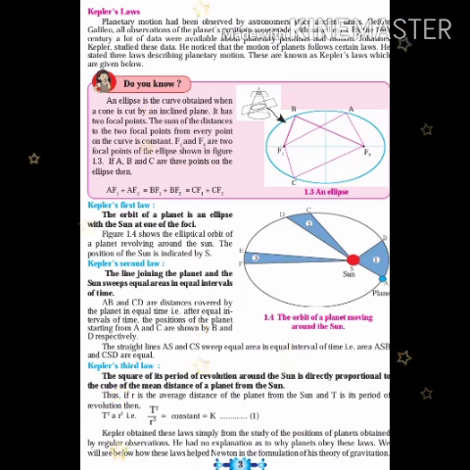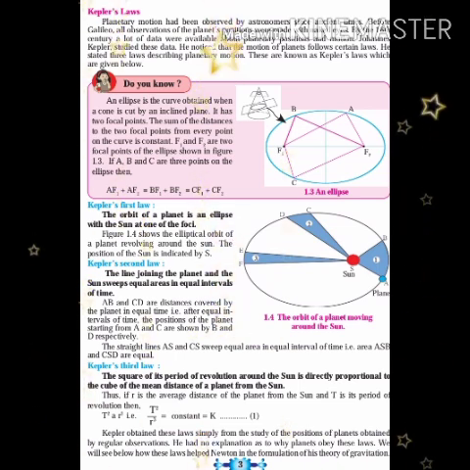Now we will see the third law of Kepler, which states that the square of the period of revolution around the sun is directly proportional to the cube of the mean distance of the planet from the sun. What he has said is that the square of its period of revolution around the sun is directly proportional to the cube of the mean distance of a planet from the sun.